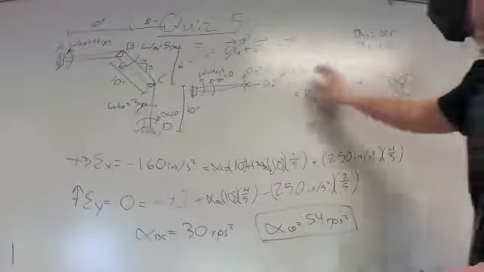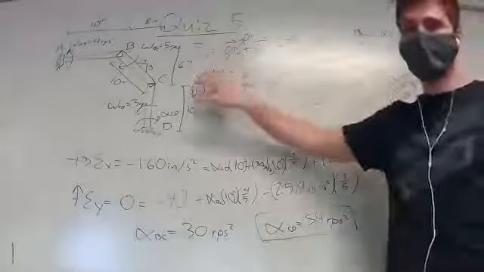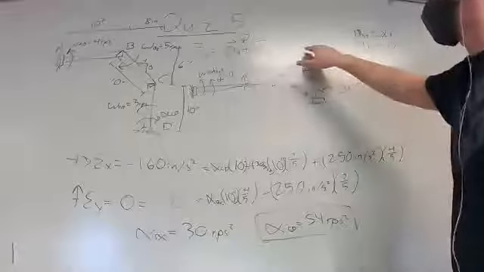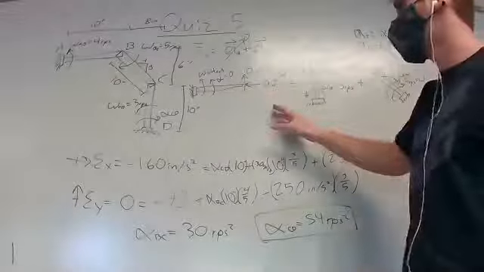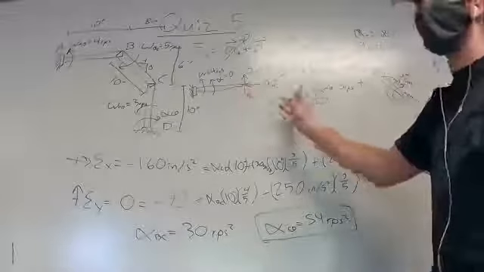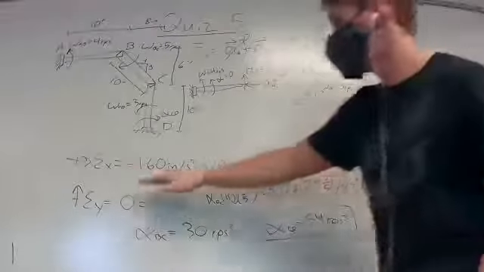general planar motion members that you can either, if you're doing velocity, you have velocity on the end, or if you're doing acceleration, you have AT and AN on the end.